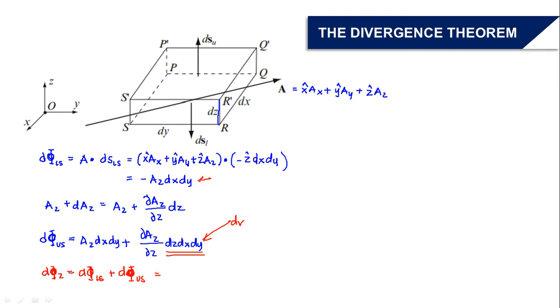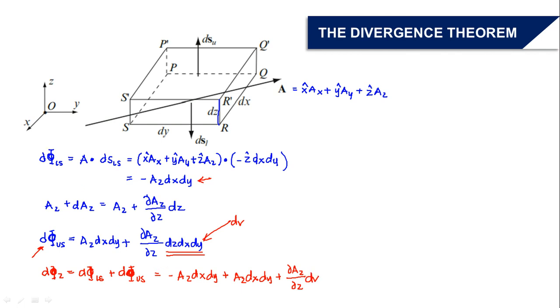Isa-sum down natin ito. Saka ito. So, ang mangyayari, negative a sub z dx dy plus a sub z dx dy plus the partial derivative of a sub z with respect to z dv.